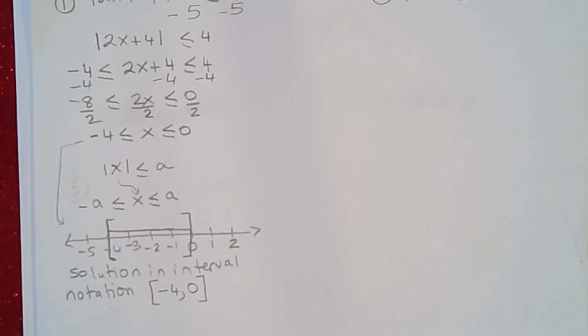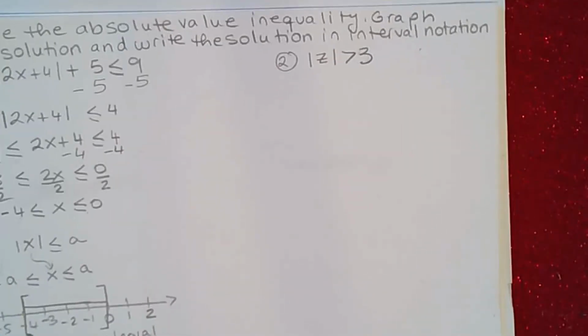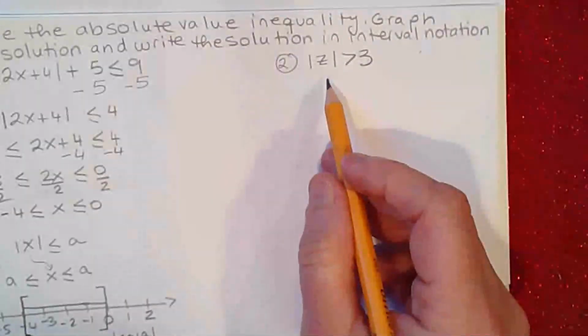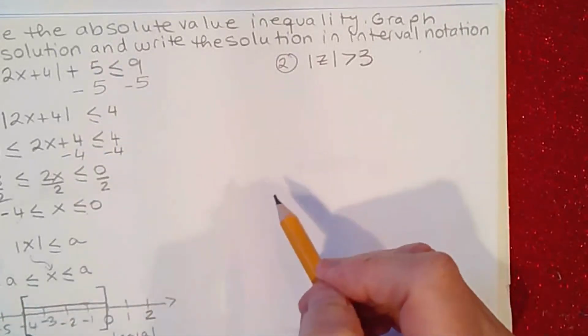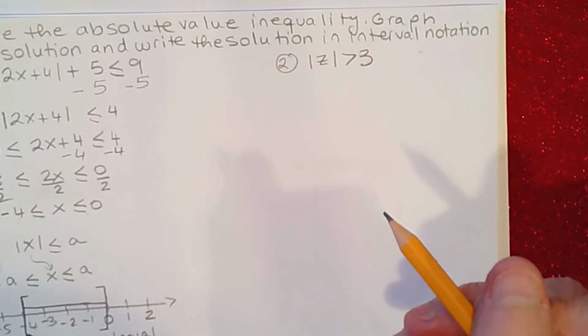Now, if you go ahead and do number 2, here we have the absolute value of z greater than 3. Now if you recall, that means what?